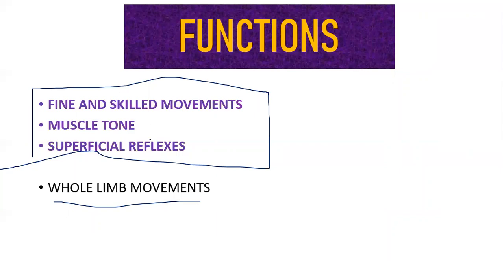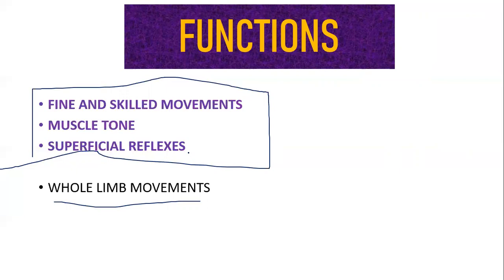Okay, so fine skilled movements, which involve your writing. All these are fine and skilled movements. And tailoring, all these will come under fine and skilled movements. Then muscle tone, and superficial reflexes. We will have a class on superficial reflexes. Superficial reflexes, like your cremasteric reflex, abdominal reflex, corneal reflex, all these are superficial reflexes.